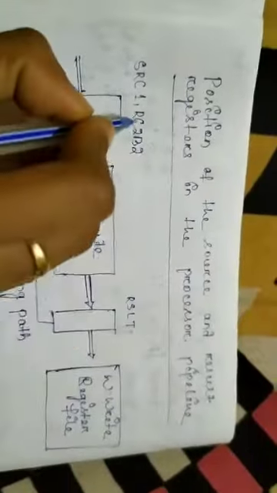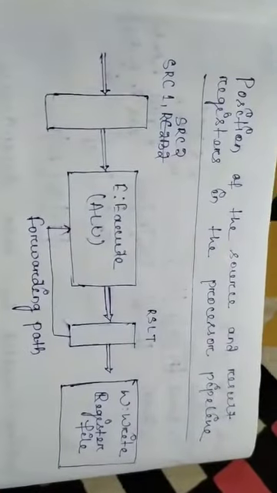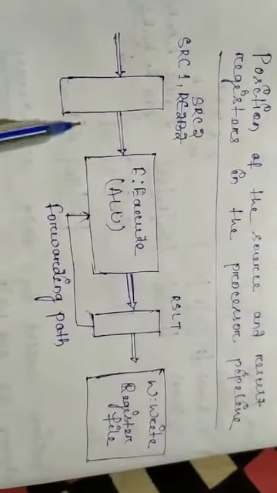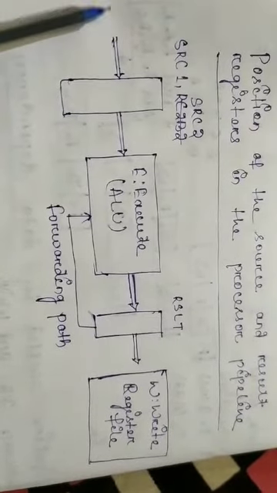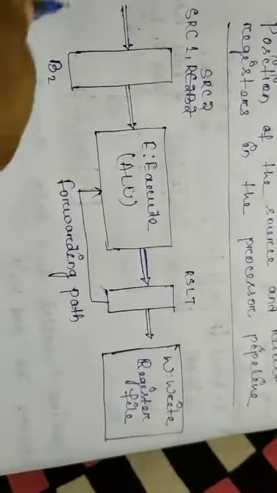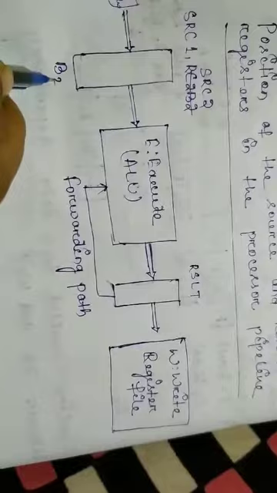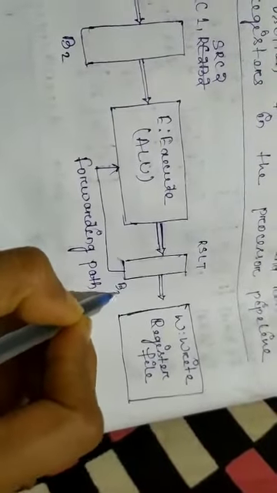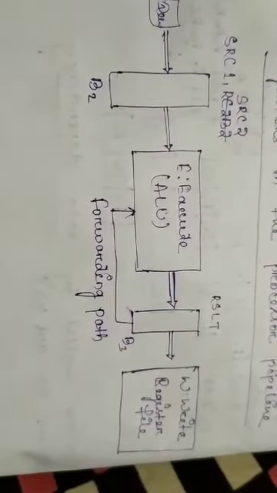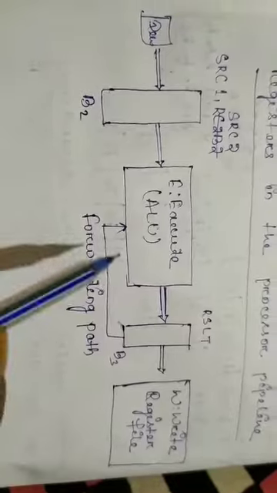Sorry, I have written it wrongly. Source 1, source 2 and the result are part of buffer 2, because before this is the fetch unit and this is the decode unit. Here it is B2, and here it is B3.